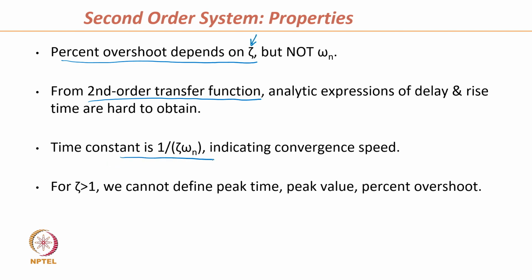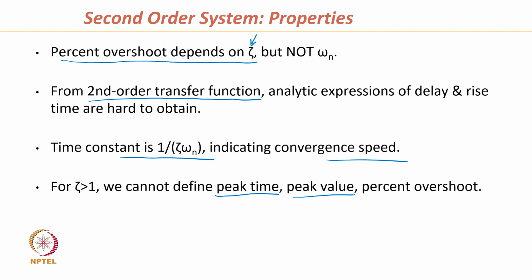Time constant is 1 upon zeta omega n, which indicates the convergence speed. For zeta greater than 1, we cannot define peak time and peak value, because this is an overdamped case where there is no overshoot of the output, hence we cannot define the peak time, peak value and percentage overshoot.